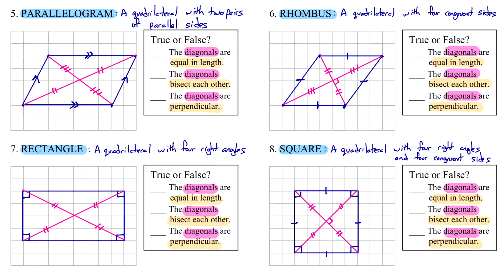Now we're going to be talking about, well, we just finished talking really about the diagonals and how they intersect. I'm showing you pictures of it so you could notice how they relate to each other.